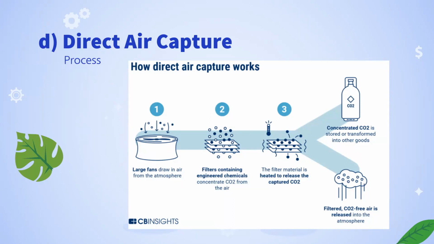It is like a tree that captures the carbon from the atmosphere and puts it into the ground. It works by large fans drawing in the air from the atmosphere and then stripping it of the CO2 by using chemical absorption with solid scrubbers, so basically filters. The filters are then heated to release the CO2, and by this we would have concentrated CO2 on one hand and CO2-free filtered air on the other hand.